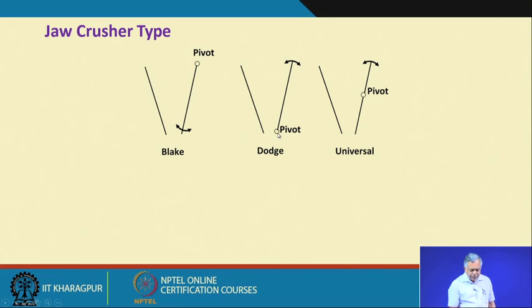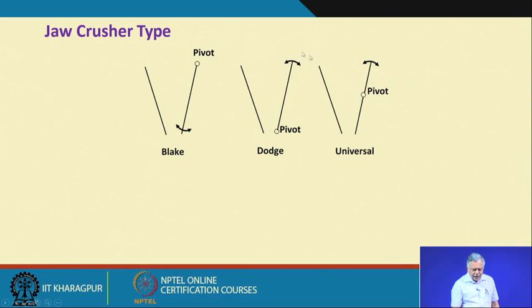Here, when it is pivoted at the bottom, you can control the product size distribution, because no particle coarser than this can pass through. In the Blake type, a particle a little bit coarser than that can pass through the discharge, because during the throw it expands, because the set is not a fixed one, but here the set is fixed, whereas the gap is basically a variable.